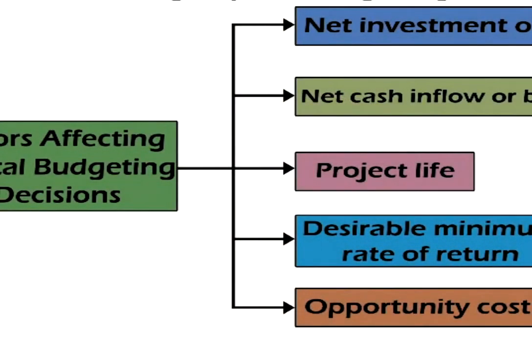Now we shall learn about the factors affecting capital budgeting decisions. First is net investment outlay. It means again the initial cost, that is, what cost I need to incur.